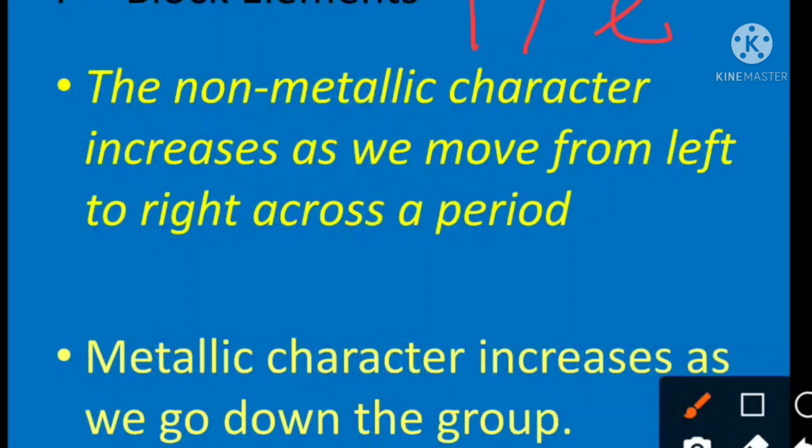Boron is present there, aluminum is present there. The metallic character increases as we move down the group also. When we move down the group, since the atomic size increases, the metallic character also increases.